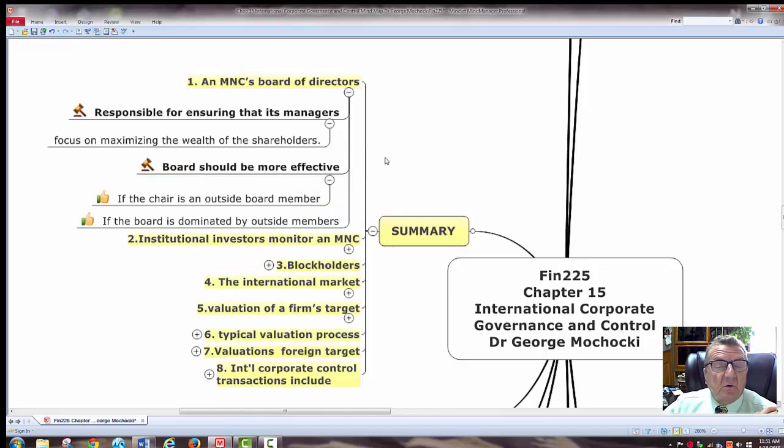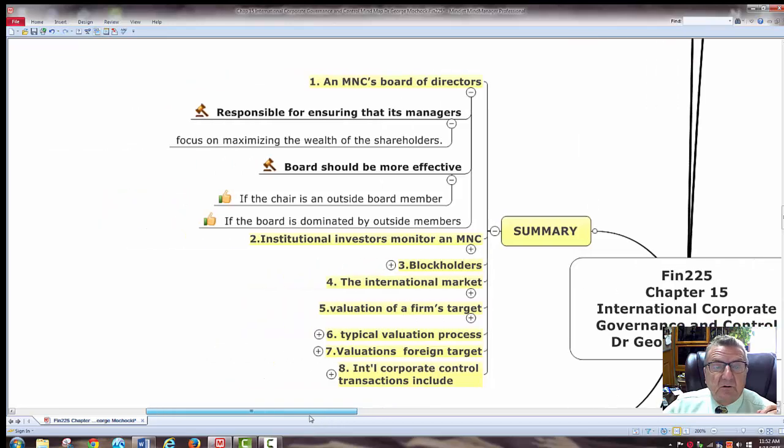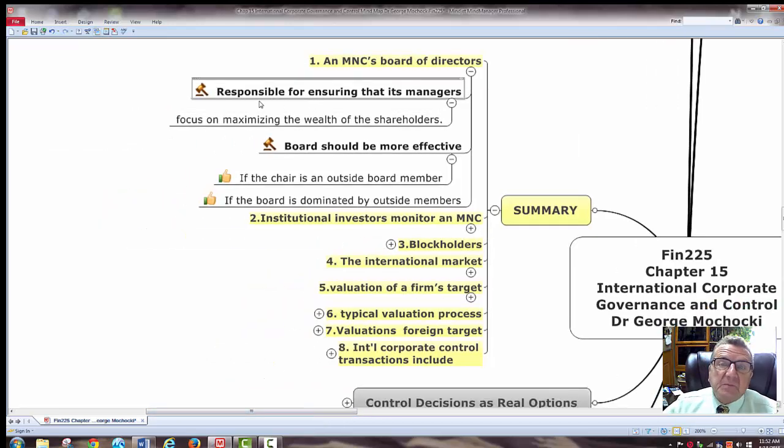So if I'm looking at the board of directors, real quickly, an overview. The MNC Board of Directors is responsible for ensuring that its management focuses on maximizing the wealth of its shareholders, always the value of the parent. The board should be more effective if they don't have any insiders on the board. Okay, not the chief, not the vice president, because you still have some bias, for lack of a better word.